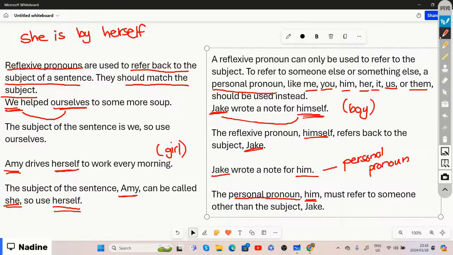Reflexive pronouns need to refer back to the subject. If you use ourselves, it needs to refer back to we. If you use herself, it needs to refer back to her or the girl's name. If you say himself, it needs to refer back to either the boy or the name of the boy. So that is basically reflexive pronouns.